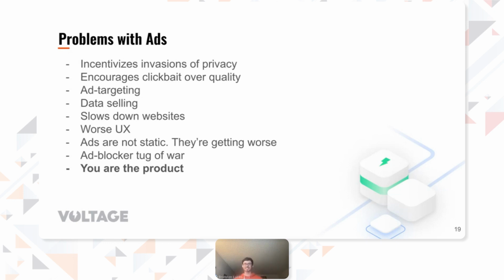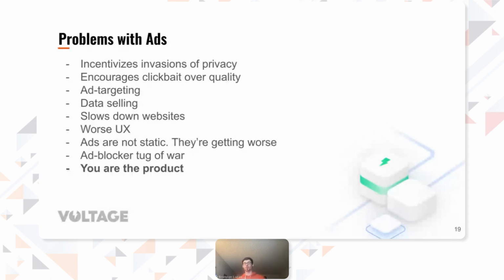So, problems with ads. I would say there are a lot of problems with ads. In my view, it's a more dishonest business model, or at least it encourages people to be more dishonest. This is just a small subset of the things I quickly typed out that I thought were wrong with ads. For one, it incentivizes invasions of privacy.